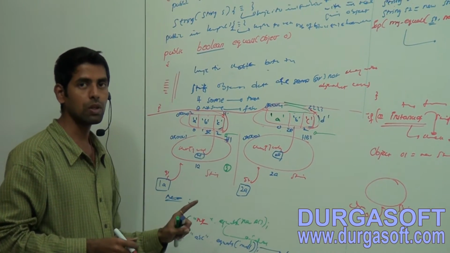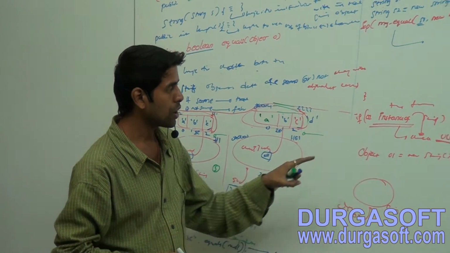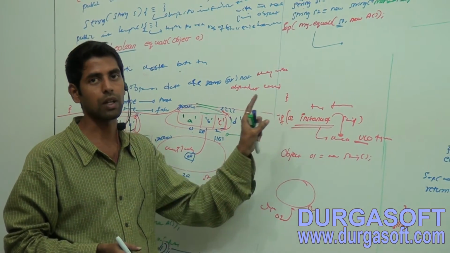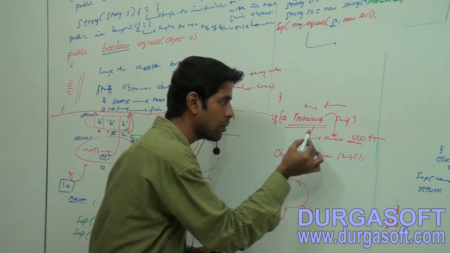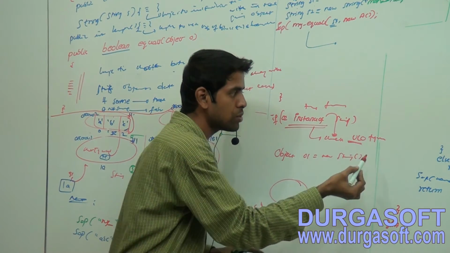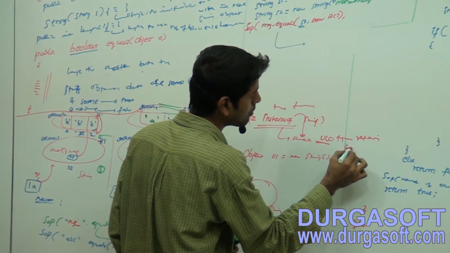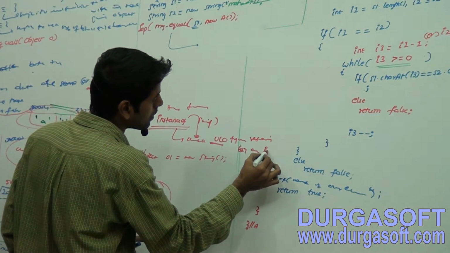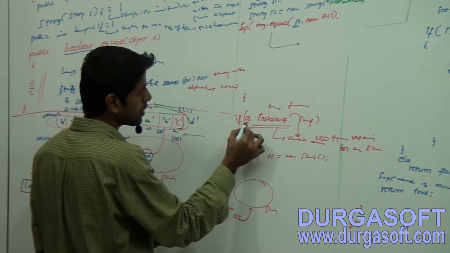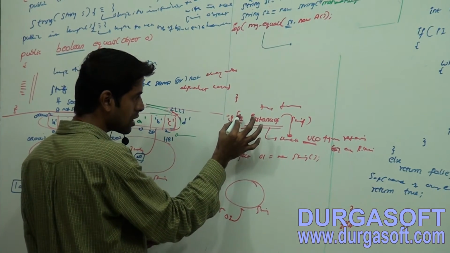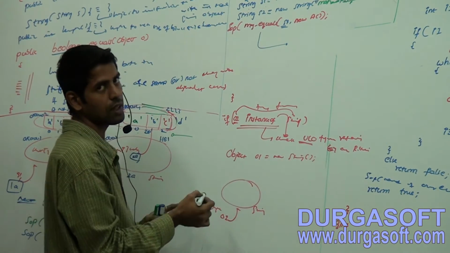So how to achieve that one? Simple thing. I am going to use instanceof operator. This operator will check underlying object type referred by a reference variable. This is the reference variable. Which object is this reference variable referring?